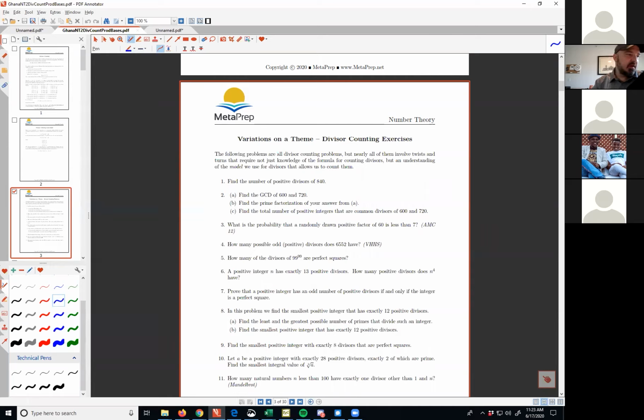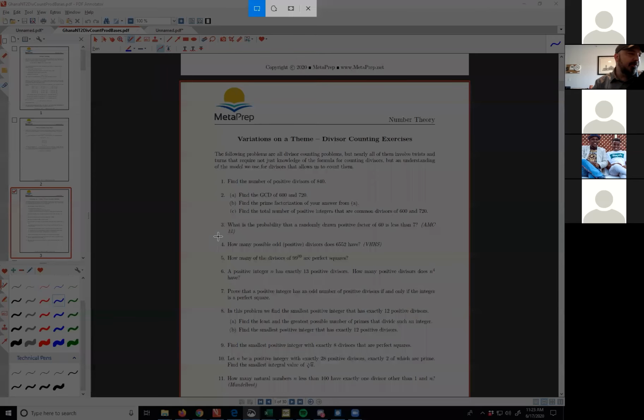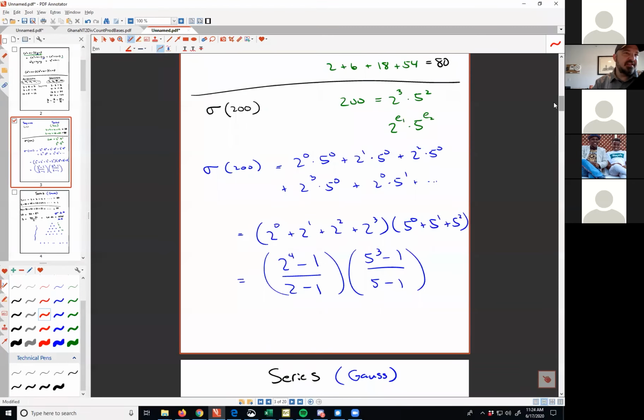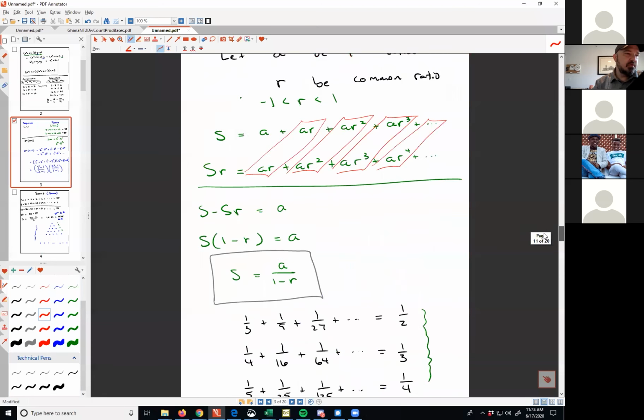And let's start with problem number 5 on this page. Actually, no, let's go back. Let's talk about problem number 4. How many odd divisors are there of 6,552?